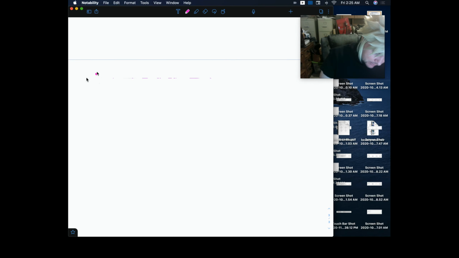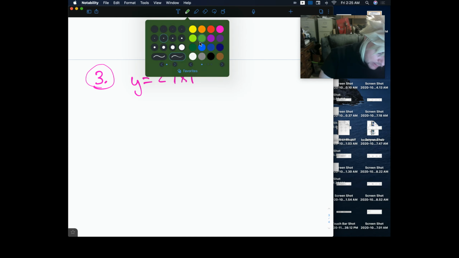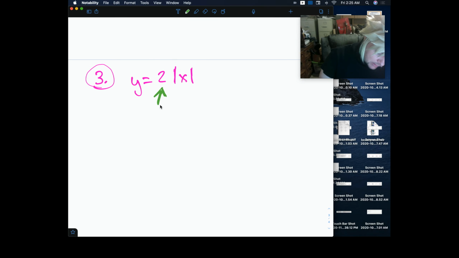Next up, we have 3. Y equals 2 times the absolute value of x. So what's going to happen here? Well, it's in front, and we're multiplying. So this is going to be a stretch. This is a vertical stretch, right?